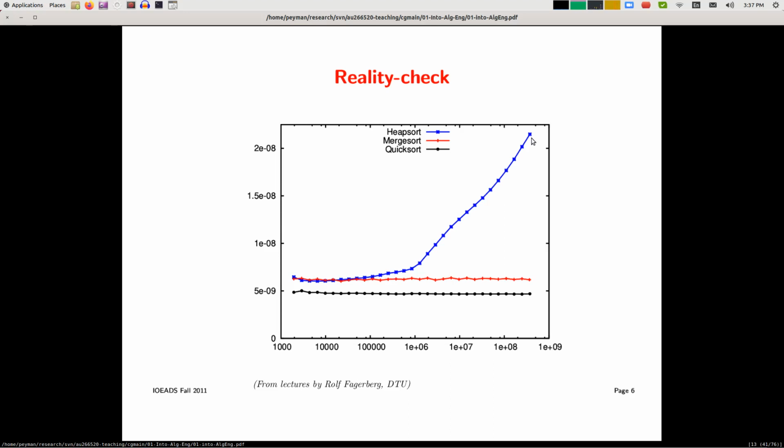There is now a gap between theory and practice. Theory does not predict heap sort to have such a behavior. And the blow up in the constant is actually quite significant, right? This is more or less close to a 4 to 5 constant factor blow up. Okay. How do you explain this?